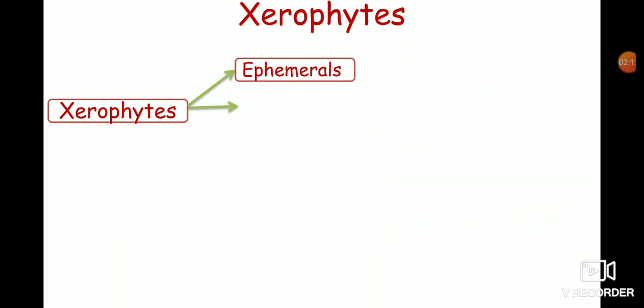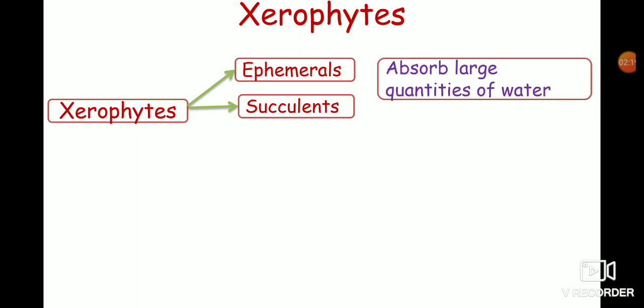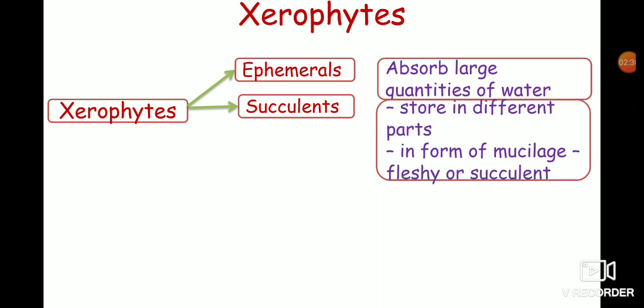The second are the succulents. They are also called fleshy xerophytes. These xerophytes absorb a large quantity of water during rainy season and store this water in different parts of their body. Such water storing organs become fleshy or succulent.